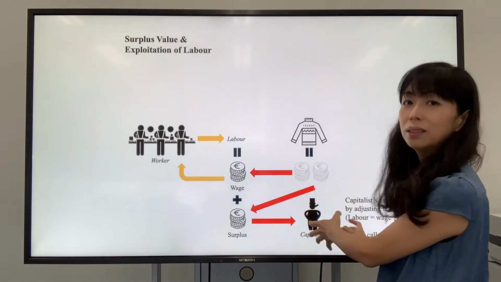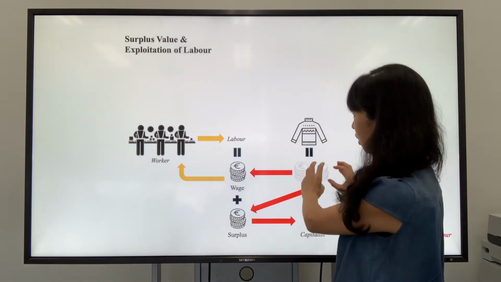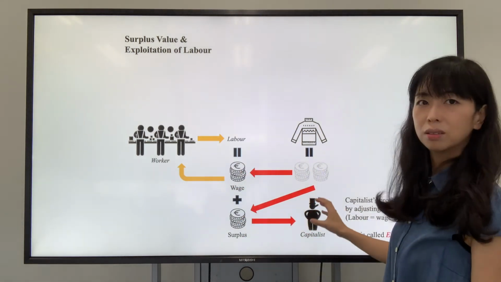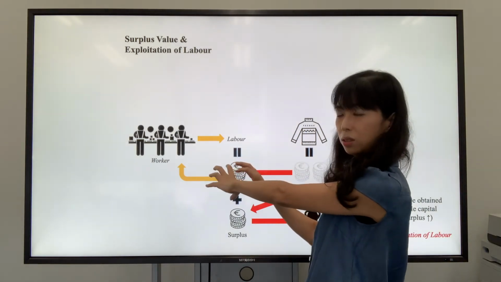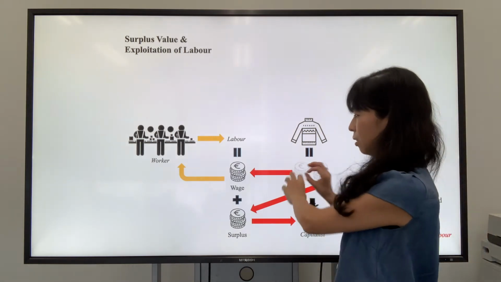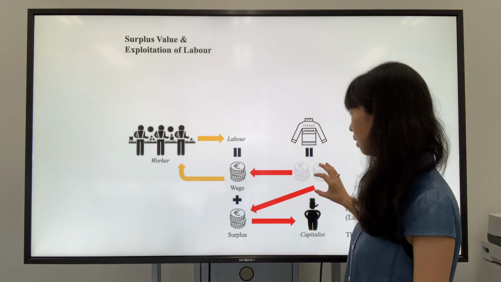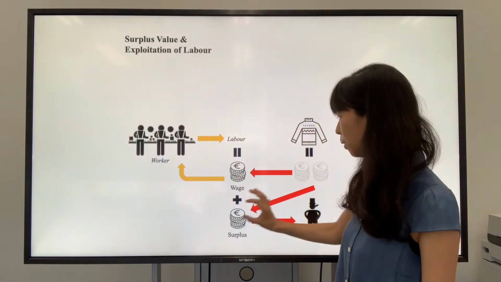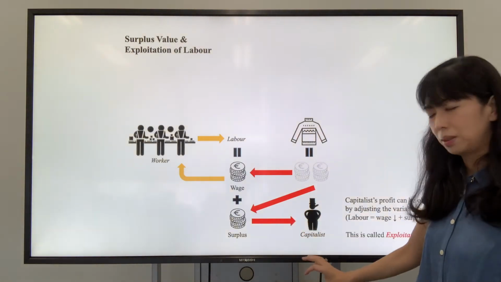Therefore, the capitalist can adjust this price. If the capitalist is a nice person, probably he will give most of this as wage. However, a really nasty capitalist could give just a small amount of wage to the workers, and all the surplus value, the remainder, will go to the capitalist.